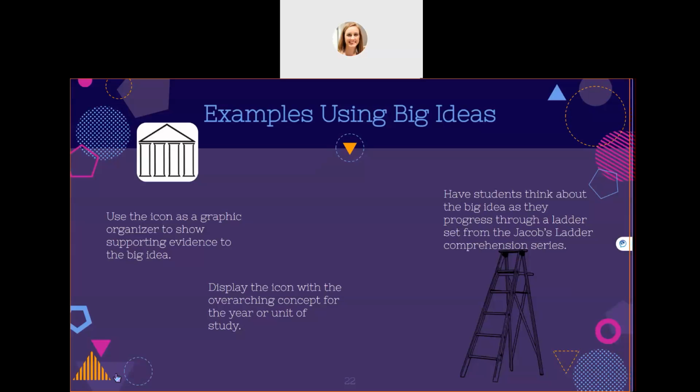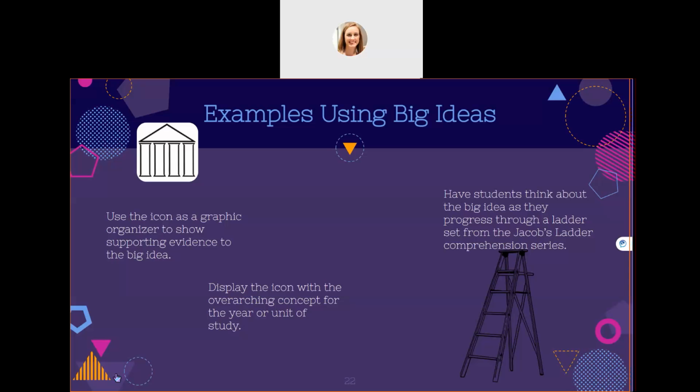So here are some examples in using Big Ideas. You can use the icon as a graphic organizer to show the main idea or big idea and the supporting evidence. You could display the icon with an overarching concept that you're going to be studying for the year or for a specific unit of study.